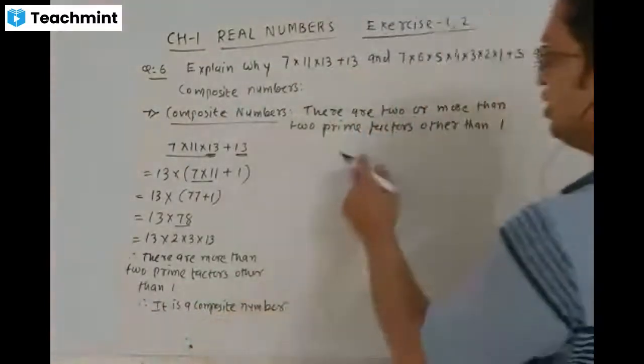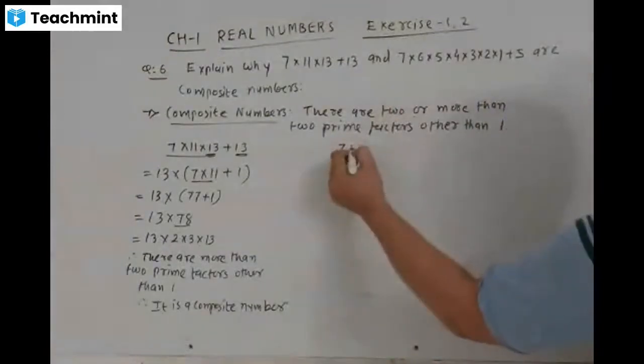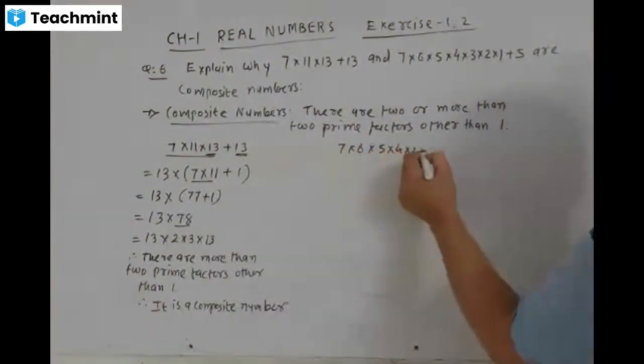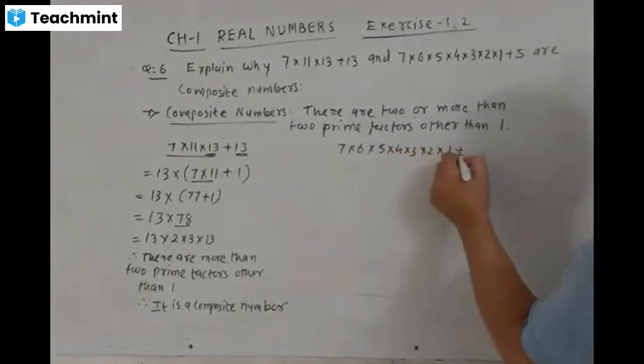In the second one, the number is 7 into 6 into 5 into 4 into 3 into 2 into 1 plus 5.